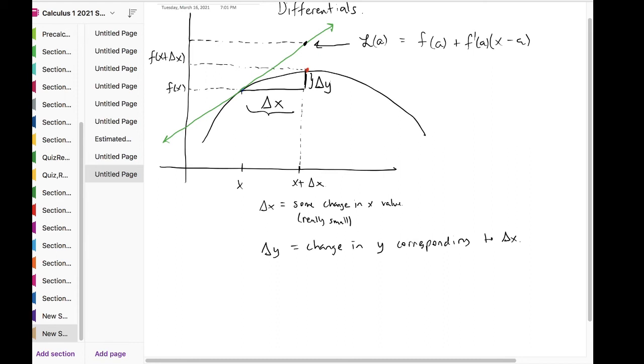So what is that? It's really f of x plus h, or delta x, minus f of x. And that equals delta y. We want to see that geometrically. If this y value is f of x, and this y value is f of x plus h, their difference is delta y.